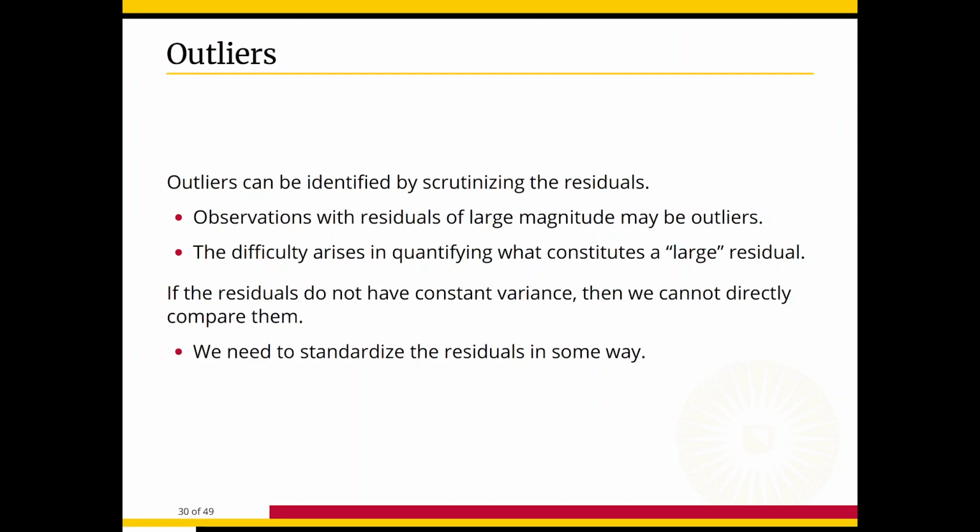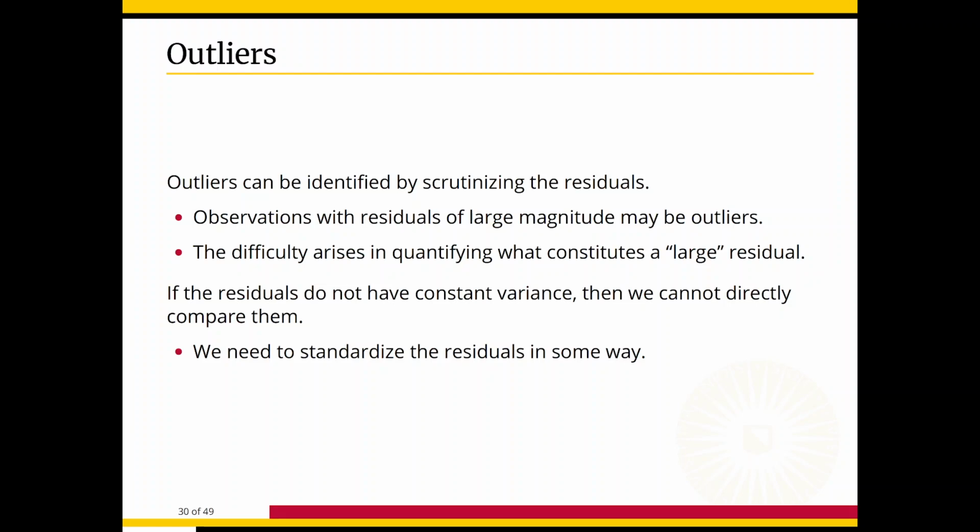So the problem is we don't want to directly look at the residuals themselves, because they may not have a constant variance, right? So we may have some kind of heteroscedasticity going on, and we don't want that messing up our check for extreme cases. We don't want to be flagging cases as extreme because we have heteroscedasticity.